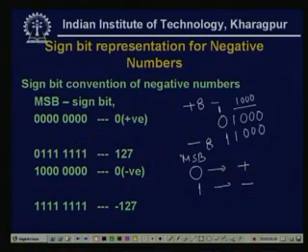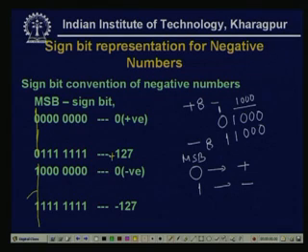So, if it is, say, an 8 bit number, the MSB, this one, is the sign bit, it represents the sign. See, here it is 0, so this is a positive number. Here it is 0, so this must be a positive number.